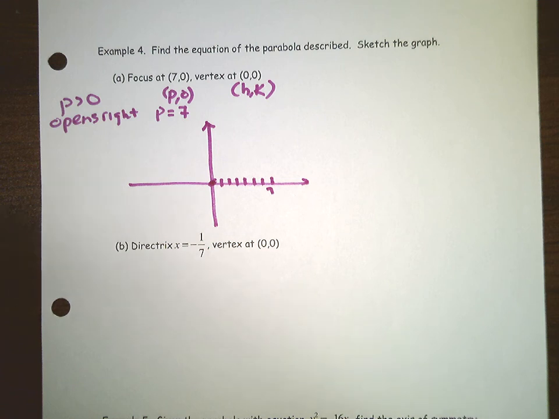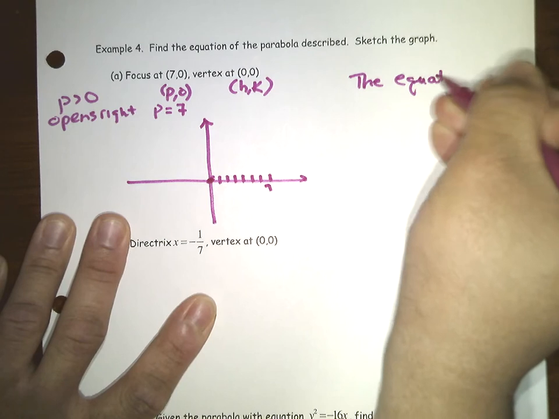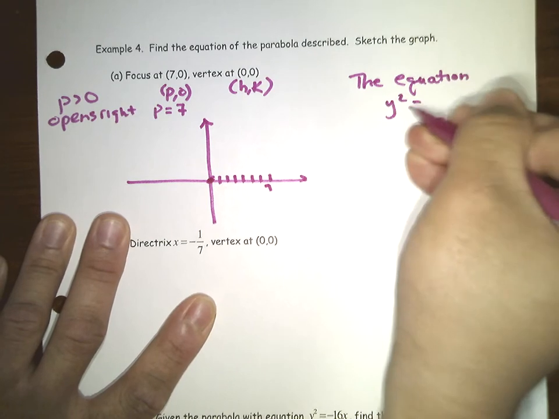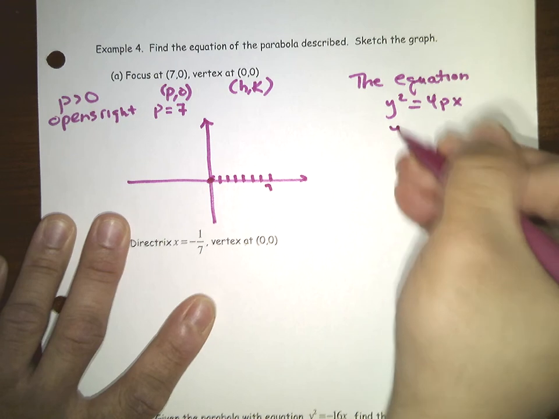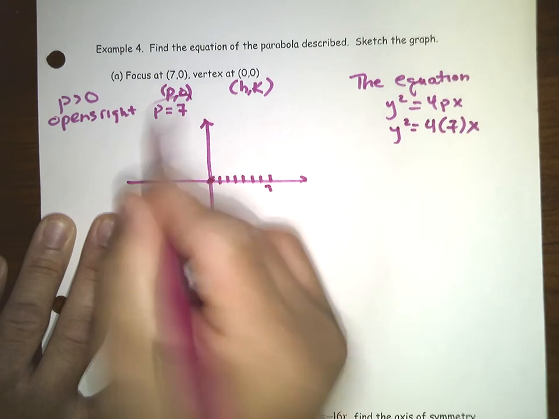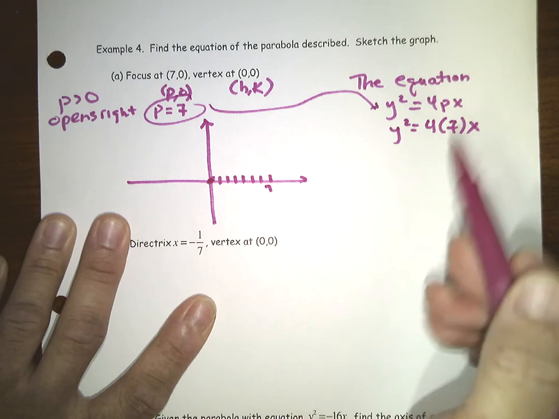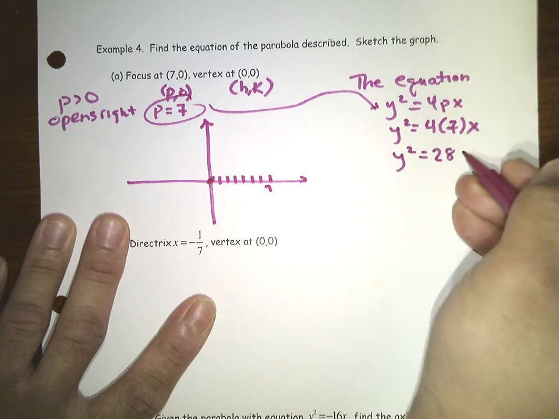Well, I know that the equation is going to be y squared is 4px. So y squared is 4 times 7 times x, once I substitute in p equals 7, so y squared is 28x.